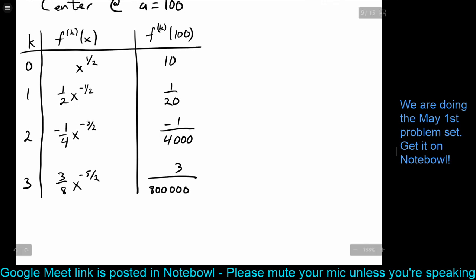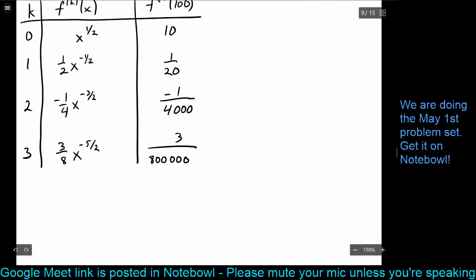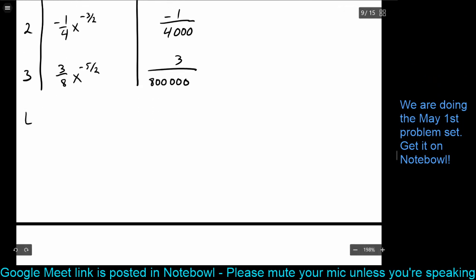So these are the various derivatives with 100 plugged in. So now we want to do these different approximations. So the linear approximation, right? What we do here is we say, all right, well, f of x is always approximately equal to its Taylor series when cut off at any point.